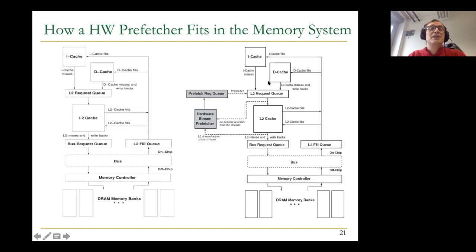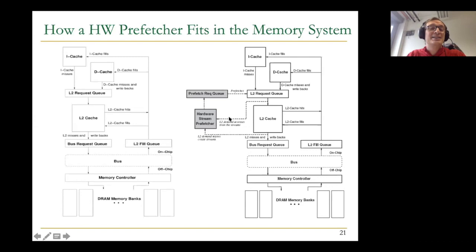Let's say the processor is requesting cache block A, and then A+1, and then A+2, and then A+3. And then the hardware prefetcher says, oh, I see a pattern here. I always request +1. So I'm going to start requesting some future addresses in this stream. I'm going to start requesting, for example, A+8, A+9, A+10, in the anticipation that the processor will get there.